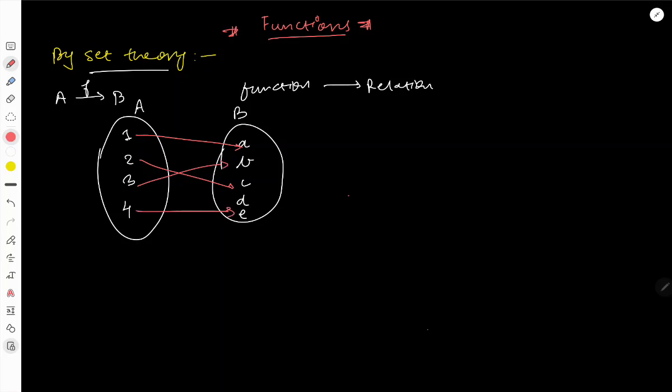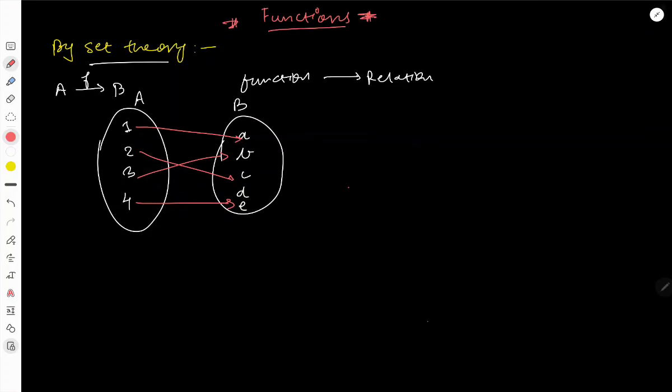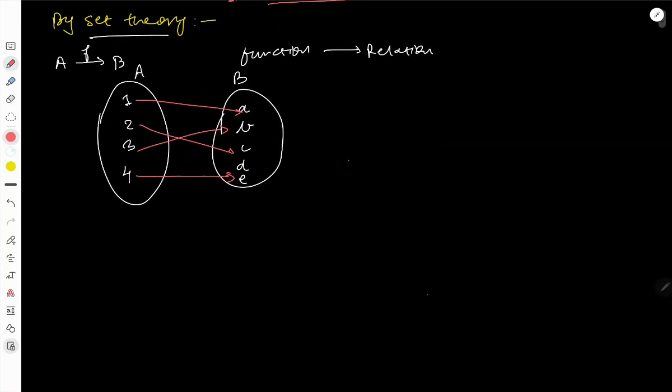And now we have learnt about one-to-one functions, many-to-one functions, and all the theory of bijective, surjective, and injective functions, sorry, injective relations, so that will all come into play in functions, but it would be in handy and not that much application based. So we can see like this over here. This is what a function means by set theory.